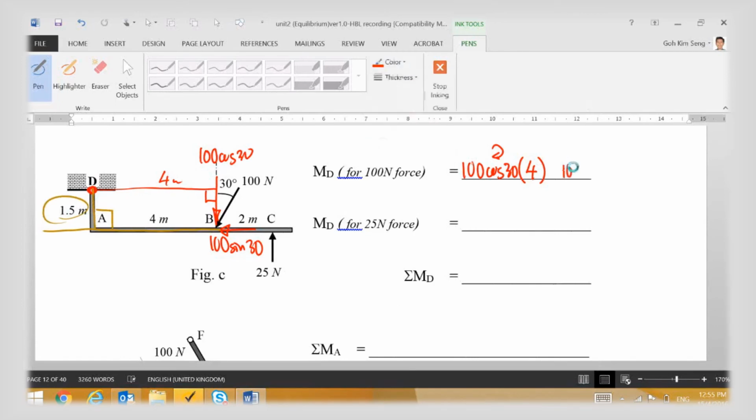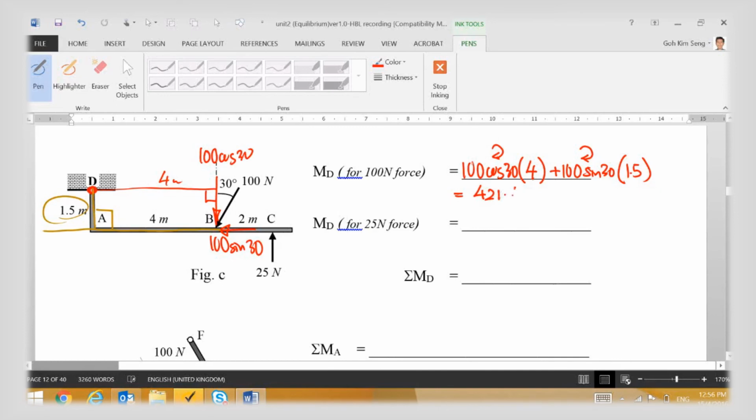So 100 sin 30 times 1.5. Now, this is also a clockwise moment. Being of the same direction, we add the two together. Our total moment for this force is 421.4 Newton meter clockwise.